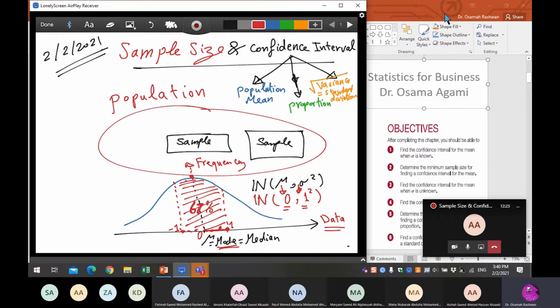Here, if you have a confidence interval equal to 95, it means you walk one more step equal to the standard deviation, so you reach 2, and you have another step to the left. From here to here, this is the confidence interval of 95%, right?